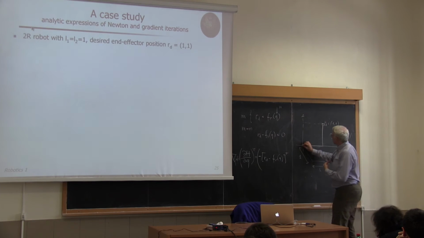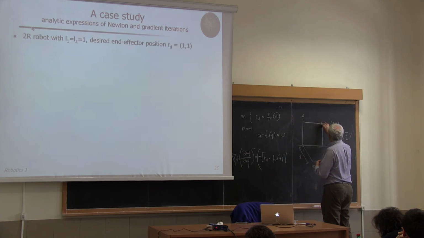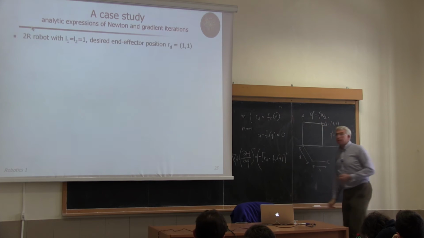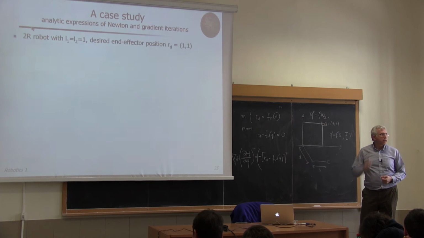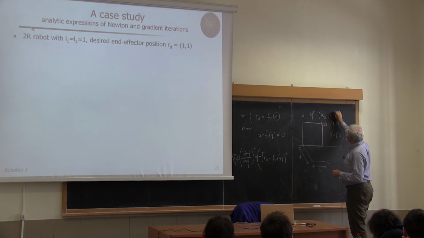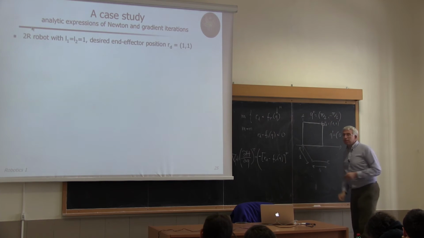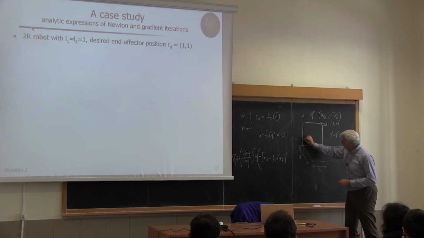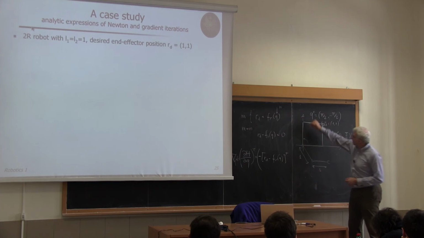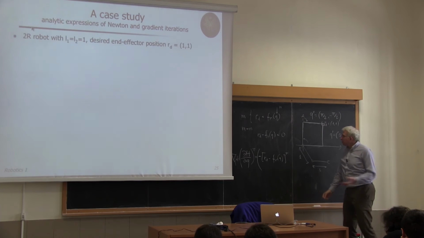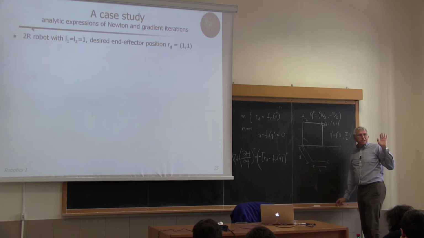Okay, the other is this one. Let's call it Q prime, and Q double prime is pi over 2 and minus pi over 2. Why minus? Because this is positive because it's counterclockwise, and this is negative because it's clockwise. Okay? So we have the solution for this, very simple.